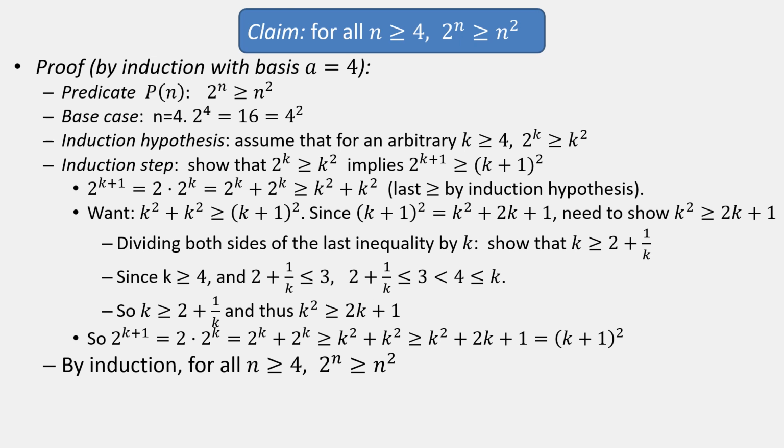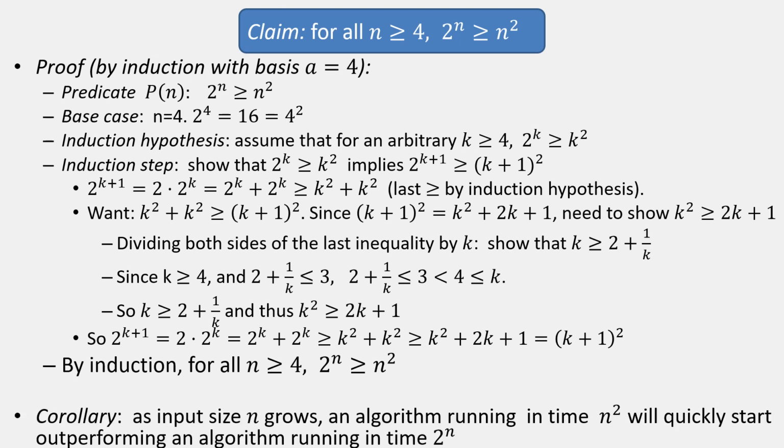And by this little lemma that we just did, it is greater than or equal to k squared plus 2k plus 1, which is exactly (k plus 1) squared. So we've shown that 2 to the k plus 1 is greater than or equal to (k plus 1) squared, which is exactly what we wanted. And now we can conclude that by induction, for all n greater than or equal to 4, 2 to the n is greater than or equal to n squared.